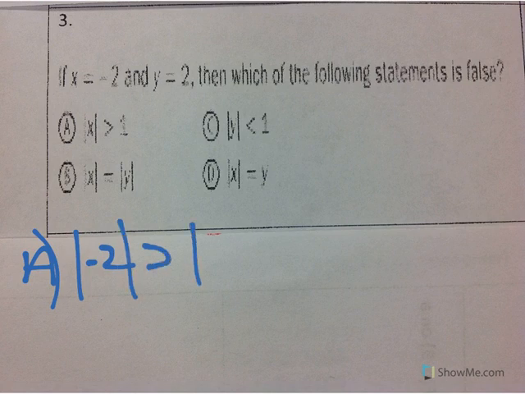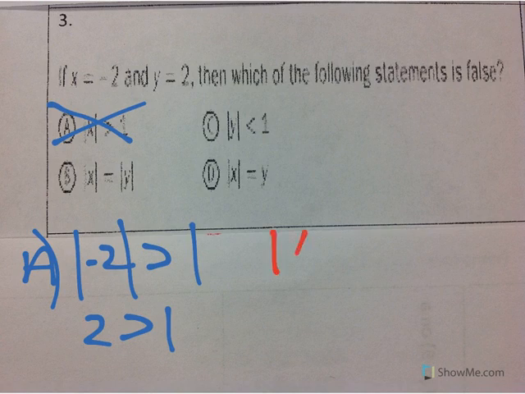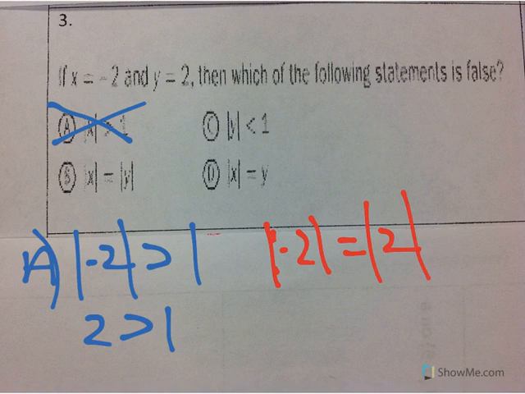Well, the absolute value of -2 is 2, and yes, 2 is greater than 1, so it cannot be A. B says the absolute value of x, and x happens to be -2, is equal to the absolute value of y, which is 2. So the absolute value of -2 is 2, the absolute value of 2 is 2, so 2 does equal 2, so it cannot be B.